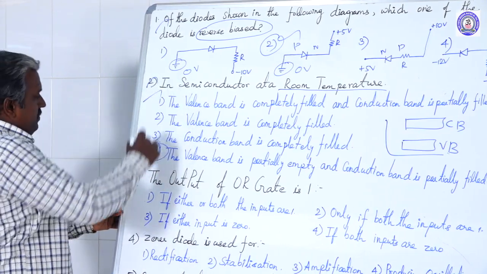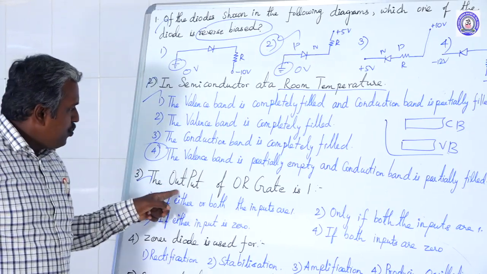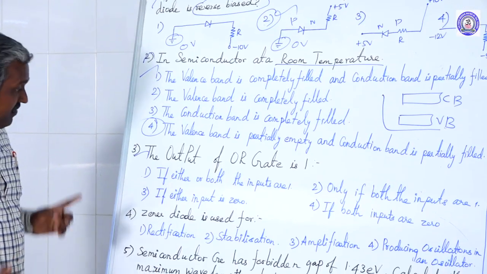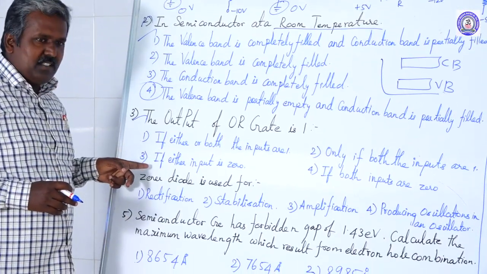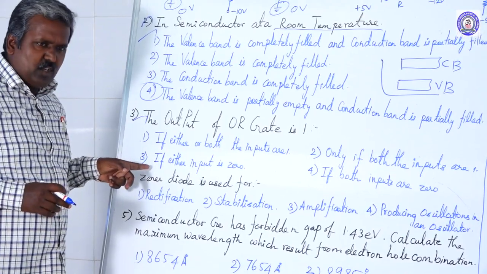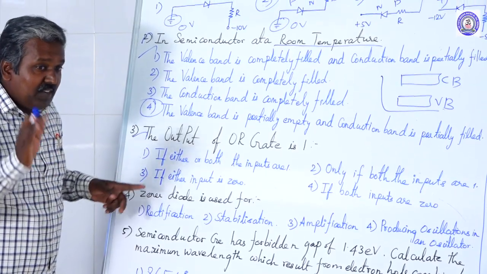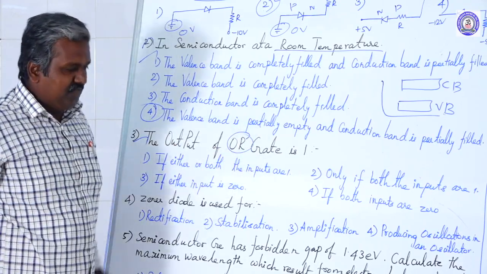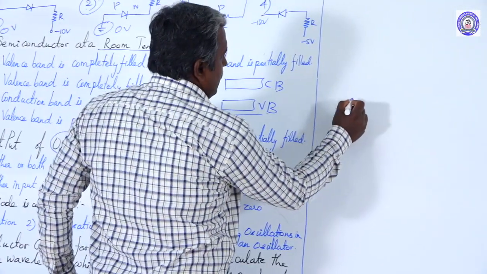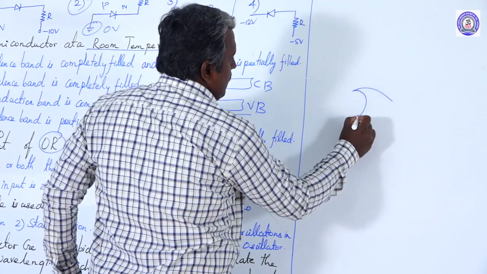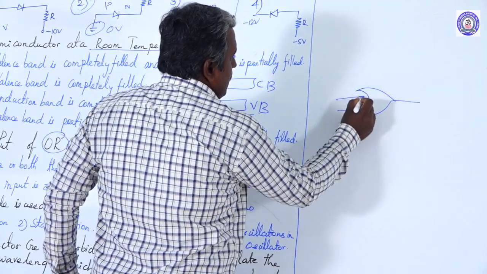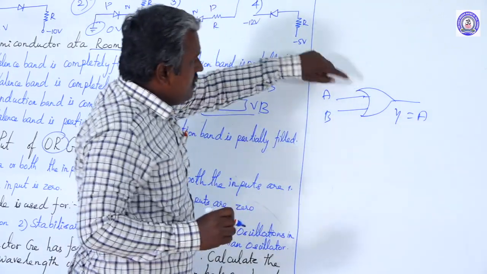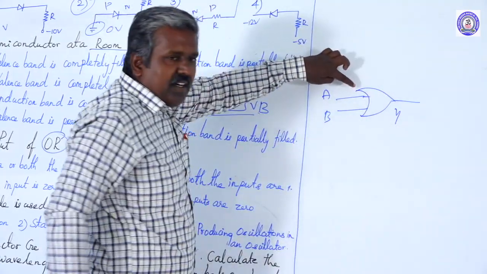Then the output of the OR gate is, okay, before selecting one option from these four options, we must know the truth table of the OR gate. Am I correct or not? So first, this is the symbol of the OR gate.